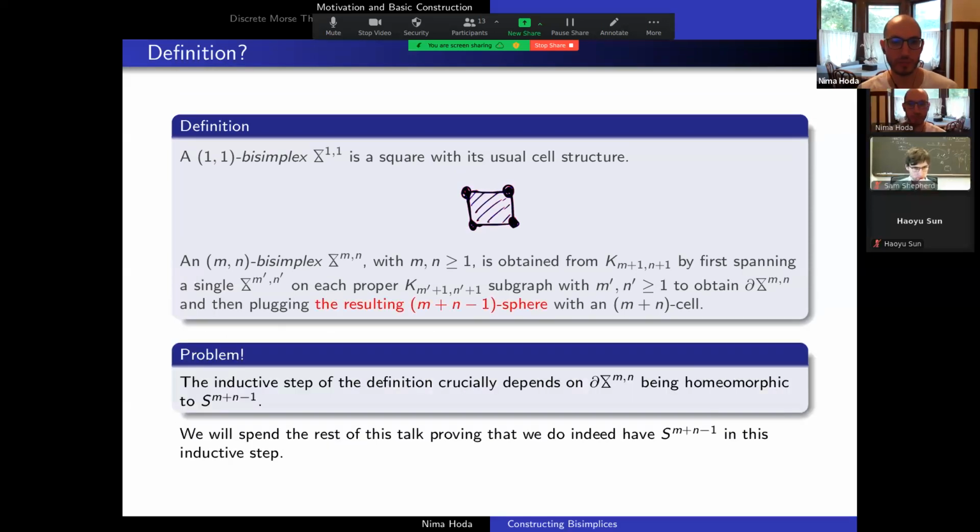But you might have noticed that there's a problem with this definition, or it begs the question: how do we know, once we've glued in all the lower dimensional bisimplices, that what we get is actually a sphere? And that's what the rest of the talk is about.